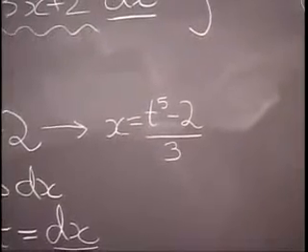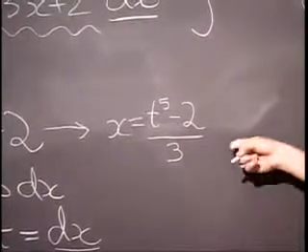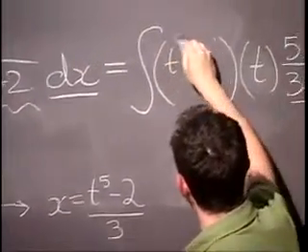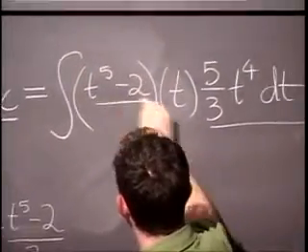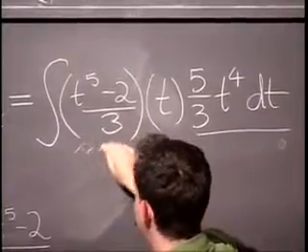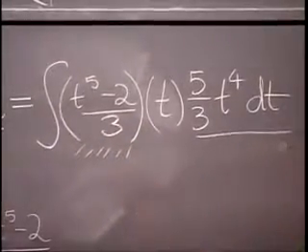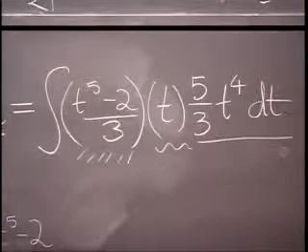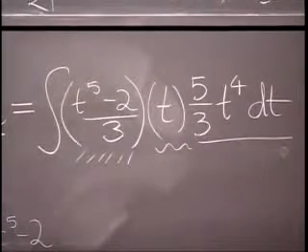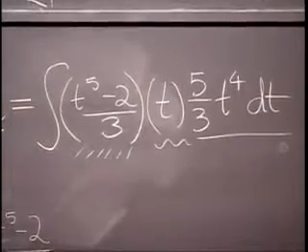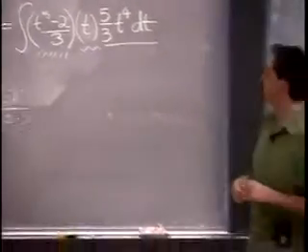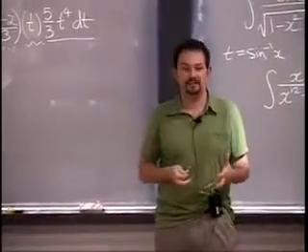So I propose to put that up in here: t to the 5 minus 2 divided by 3. And that's this. You don't have to put those wiggly lines and little dashes. I'm just putting that in for your reference here, so you can see how each piece of the ingredients in this soup moves over from x-land to t-land.